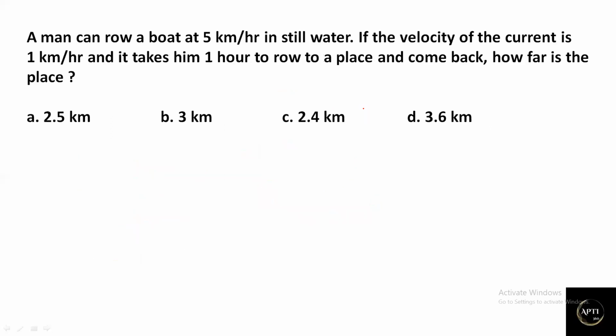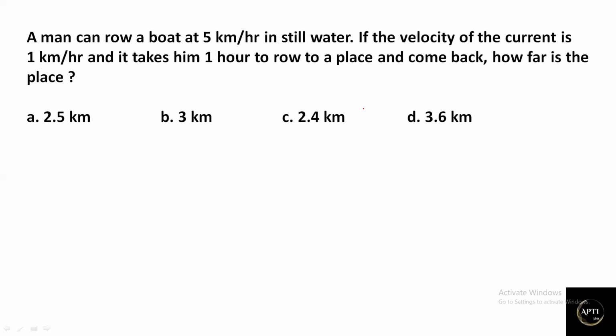Okay, next we'll try the next one. A man can row a boat at 5 km per hour in still water. If the velocity of the current is 1 km per hour and it takes him 1 hour to row to a place and come back, how far is the place?